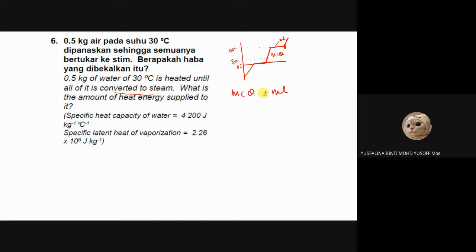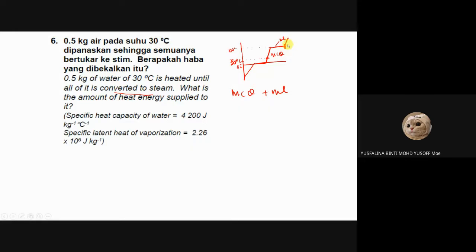Teacher can repeat. Okay, sure. For this one, the question says the temperature is 30 degrees, right? If I draw a graph, 30 degrees is around here. And it said it will be heated until it is converted to steam.